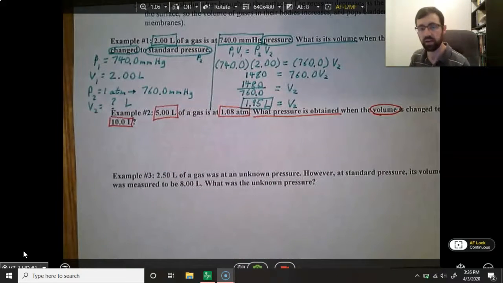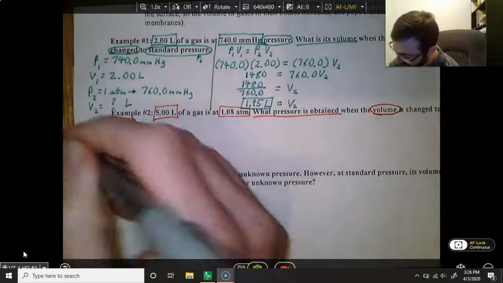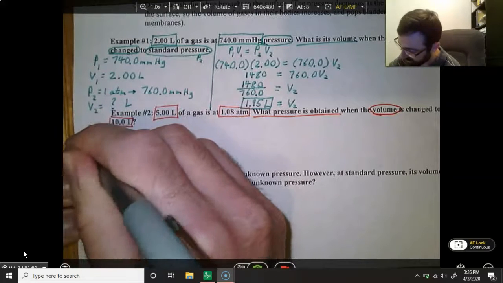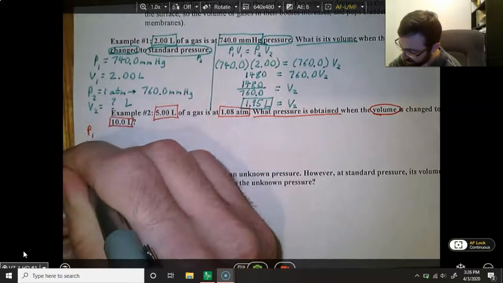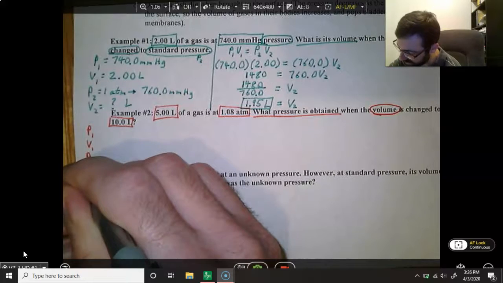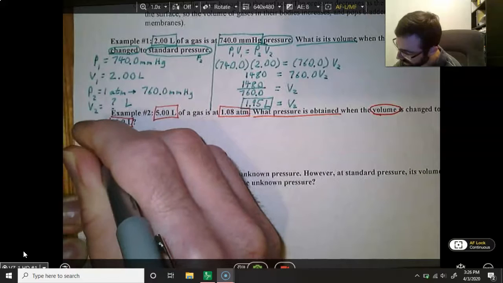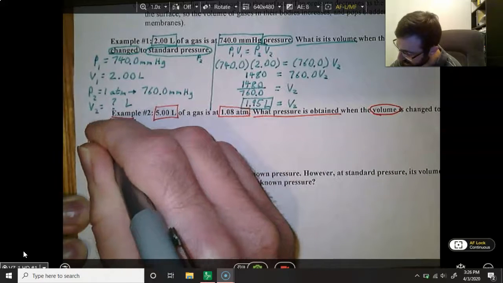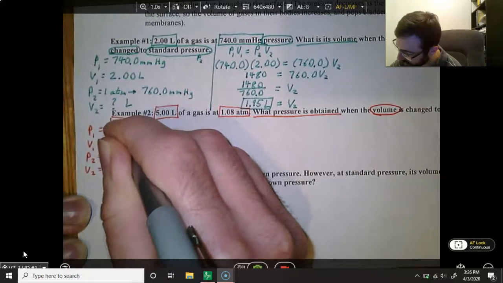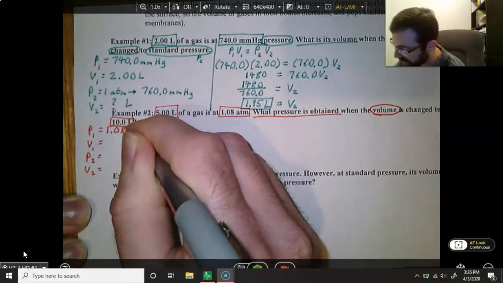Okay. And so I have volume, I have pressure. I have two values of each. P1, V1, P2, V2. My initial pressure is 1.08 atm. 1.08 atmospheres.